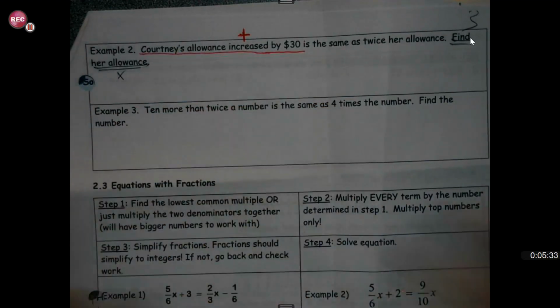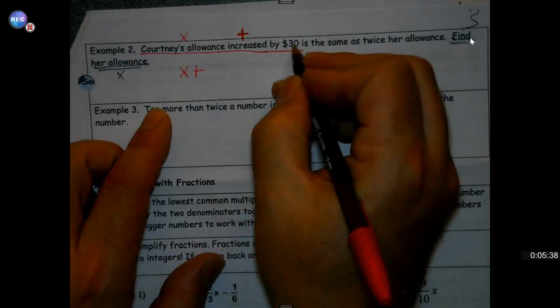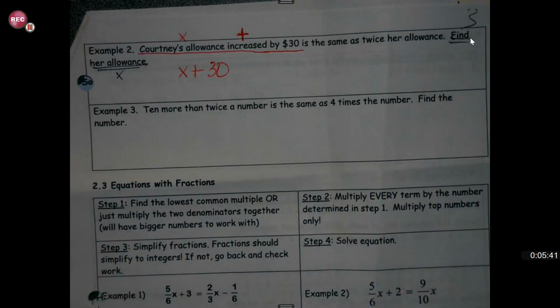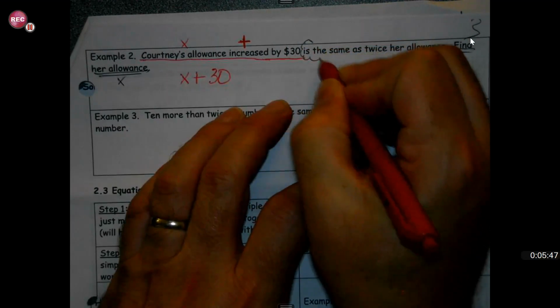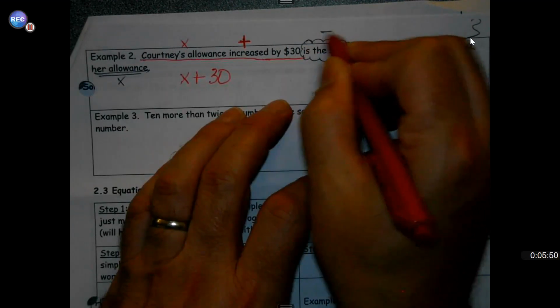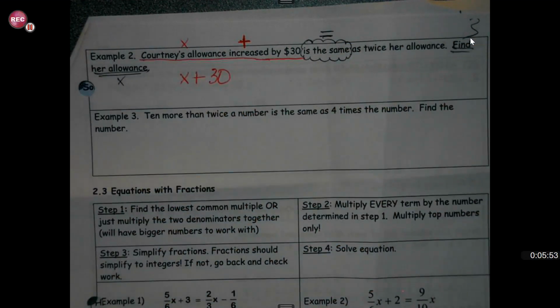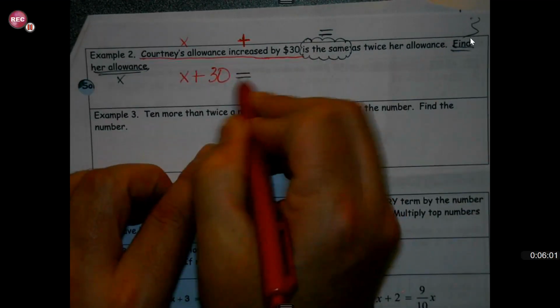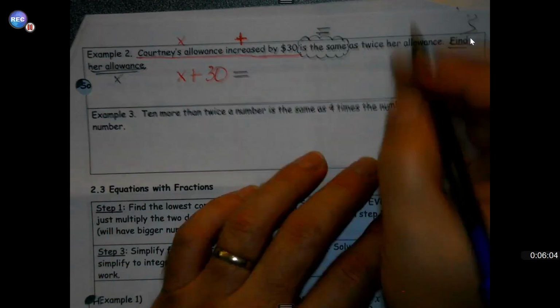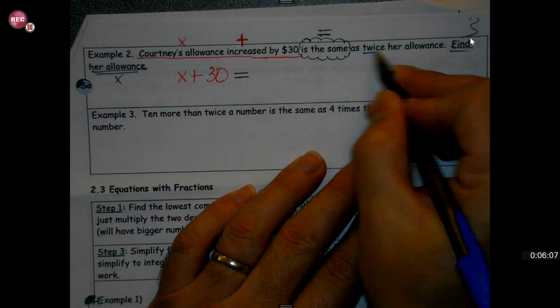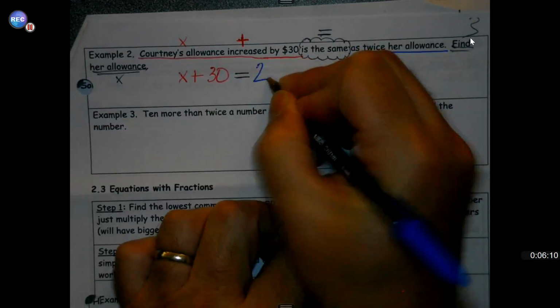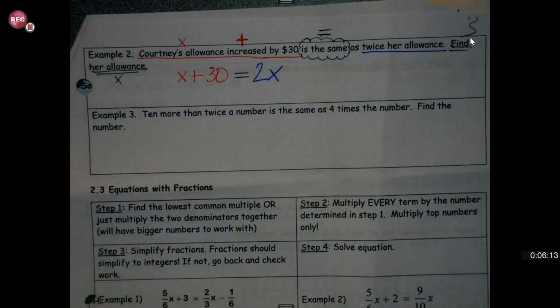So Courtney's allowance, x, is increased by 30. Okay. Is the same, is equal to. Okay, so we see in here our equals part's in the middle, and then is equal to is the same as what? 2 times her allowance.